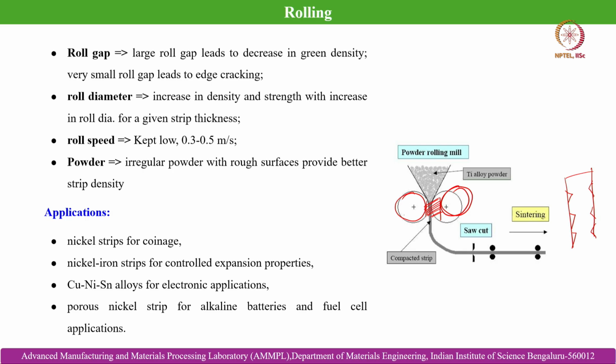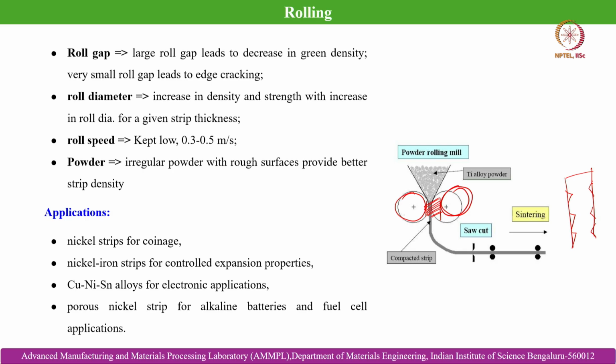And roll speed is kept low, 0.3 to 0.5 meter per second, because we are talking about preparation of the green strip first. A higher roll speed can cause disintegration of the powder particles before allowing them to develop cold welding with each other, so that they can maintain the shape and desired dimensional attributes in the sheet. That is why speed has to be checked.